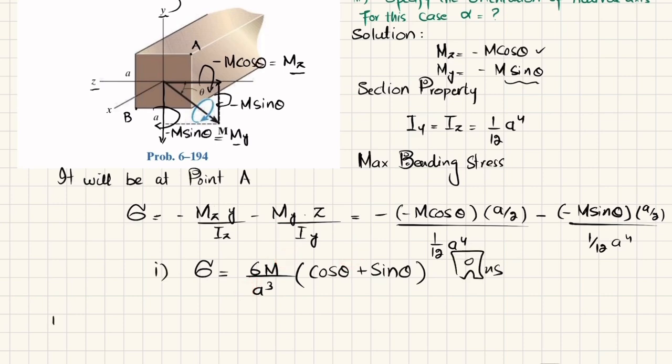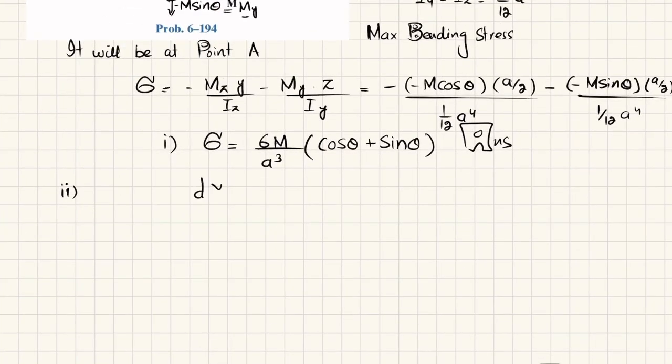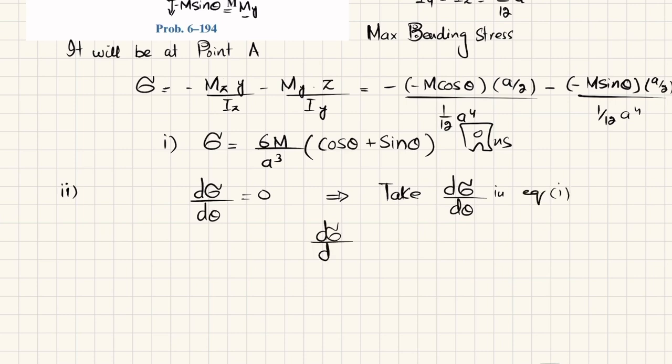Now we'll find the second part, in which we have been asked to find the theta for the largest stress. If we take the derivative d sigma over d theta and make it 0, you will get the angle. So let's take d sigma over d theta in equation 1, our answer of part 1. d sigma over d theta will be equal to 6M over a cubed into d over d theta of cos theta plus sine theta.